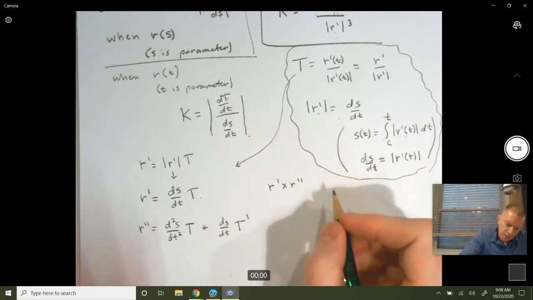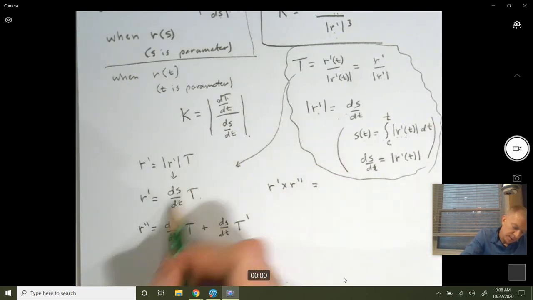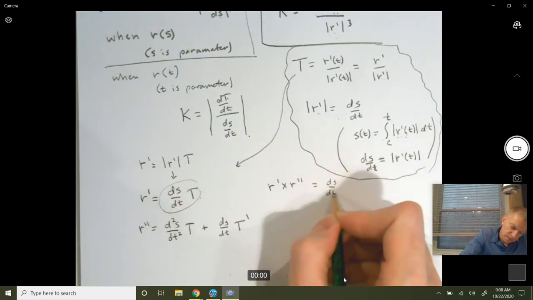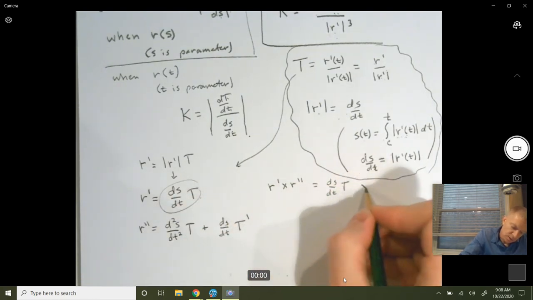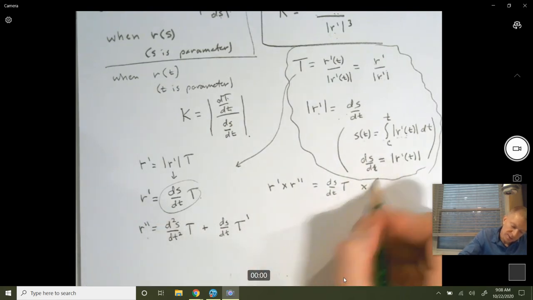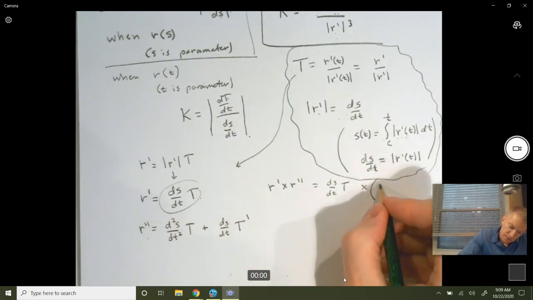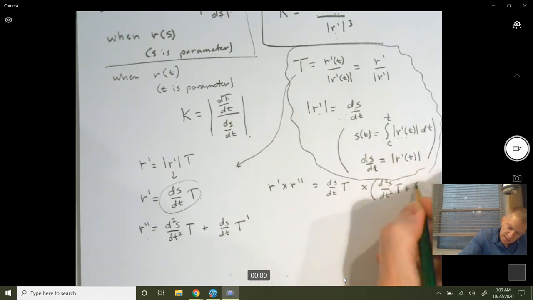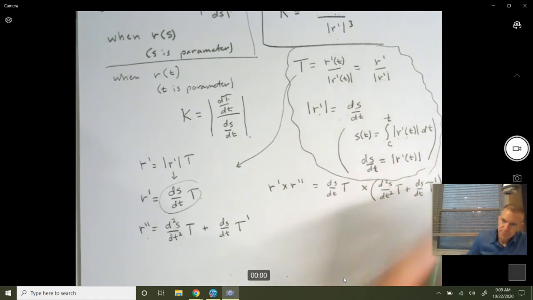So what that is, our r prime is this thing, ds/dt times T, crossed with our r double prime. So crossed with this entire thing, this binomial: d squared s over dt squared times T plus ds/dt times T prime.